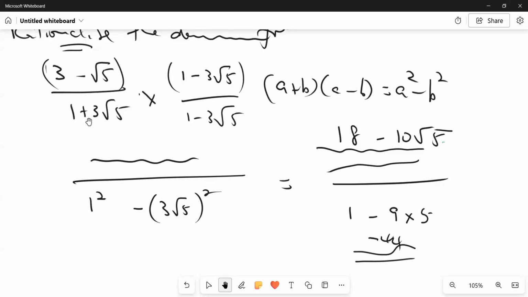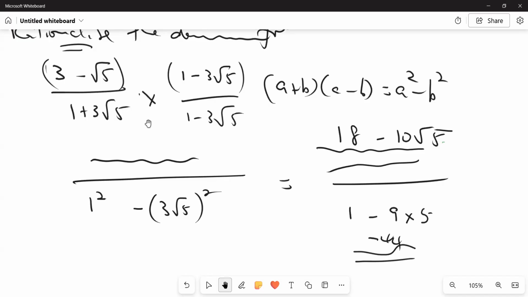Mathematicians came up with that to get rid of this radical sign here, this root 5. We don't want that here. It must puzzle you where we came up with the idea. That's what mathematicians do. They find ways of simplifying these things.